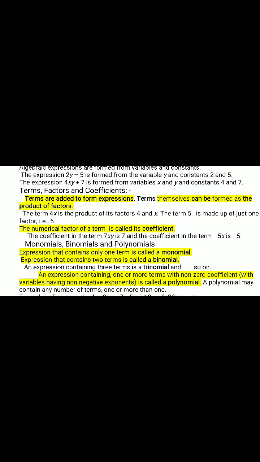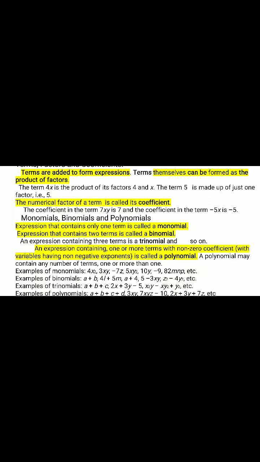Now there are some types of expressions. Monomial: an expression that contains only one term is called a monomial. Binomial: an expression that contains two terms is called a binomial. An expression containing three terms is a trinomial, and so on. And there is the important polynomial: an expression containing one or more terms with non-zero coefficient, with variables having non-negative exponents, is called a polynomial.